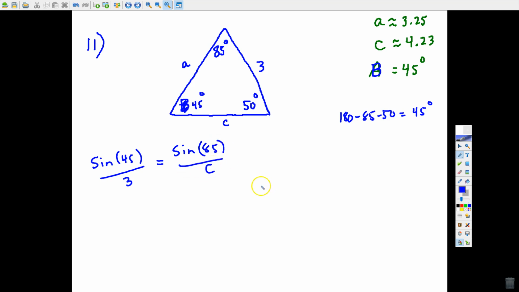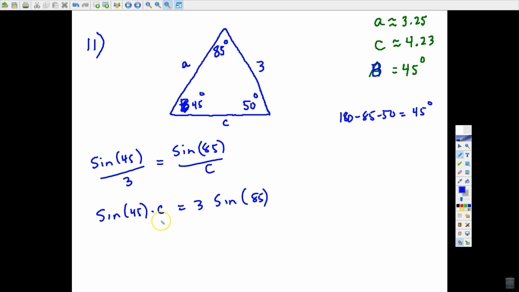divided by C. And so you're always setting up a proportion, and you'll have a missing component, and you just solve for that piece. So doing cross multiplication, sine 45 times C is equal to 3 sine 85.